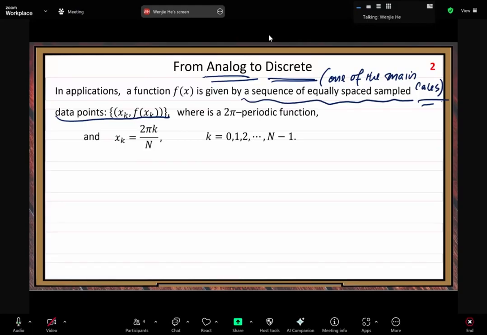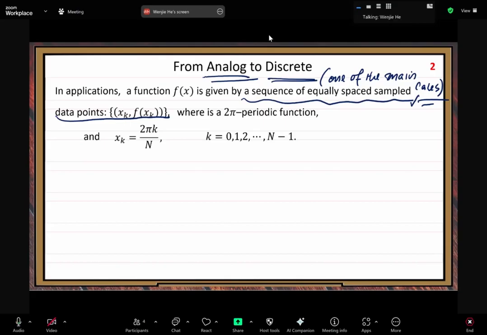But sound, image, and videos all fall into the equally spaced category. Because this case is much simpler, we study it in this class: equally spaced sampling values.